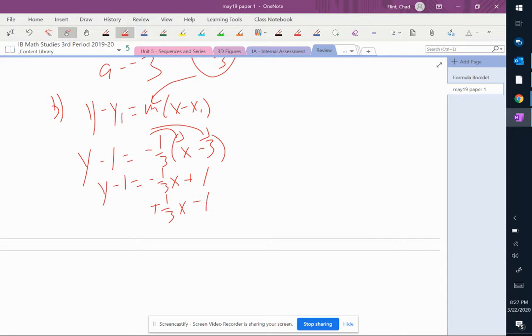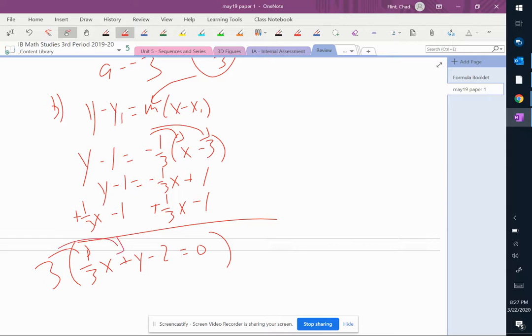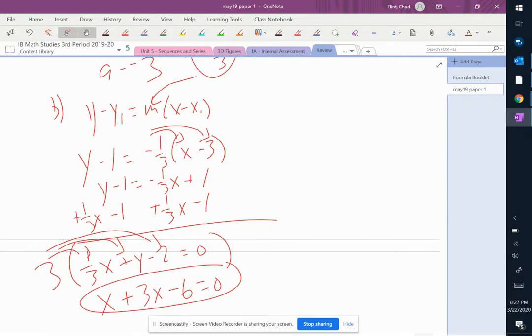Plus 1/3 x, minus 1, minus 1. It's going to be 1/3 x plus y minus 2 equals 0. To get rid of the fraction, whatever number's in the bottom, multiply the whole thing by it, and distribute it. That gives me x plus 3y minus 6 equals 0.